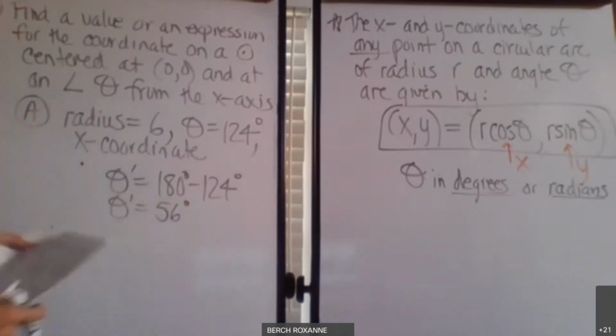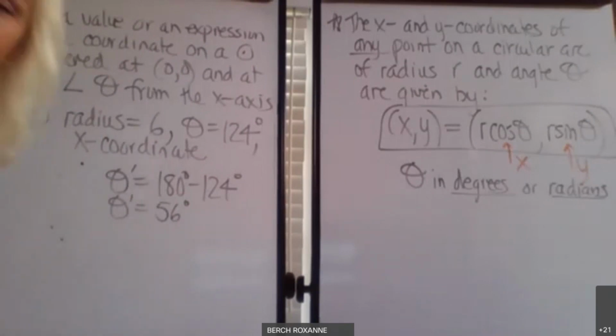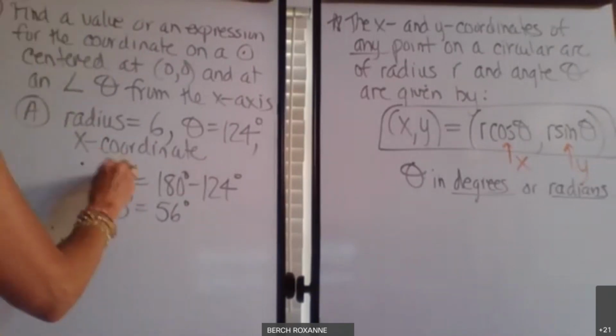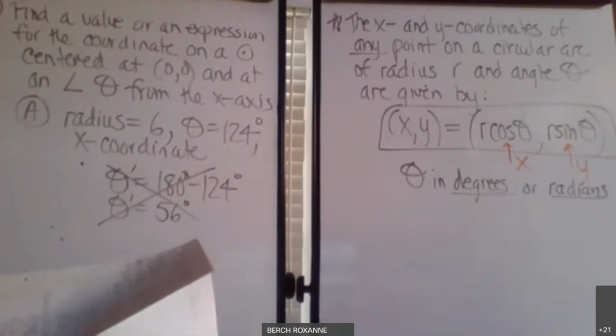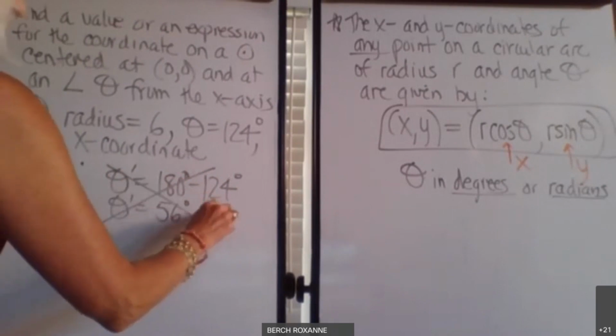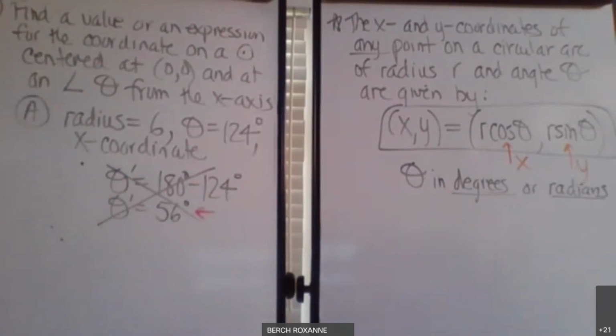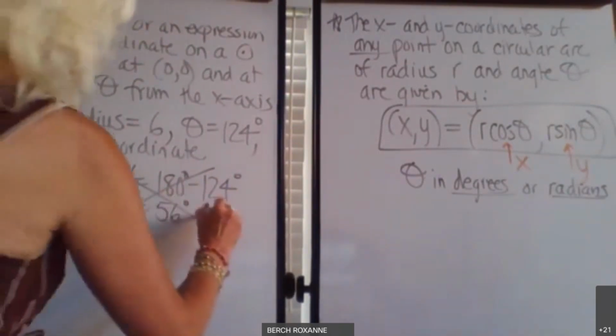That's 56 degrees. Well, guess what? This doesn't help us because we don't know about 56 without the calculator. Now we tried, but we can't do it. So let's make a little note here. This reference angle doesn't help.